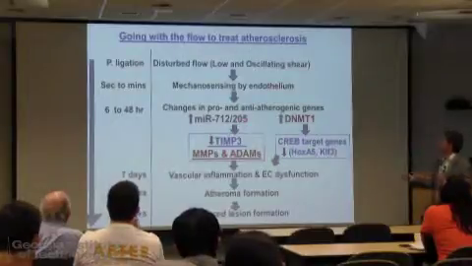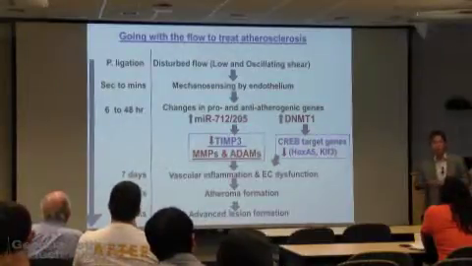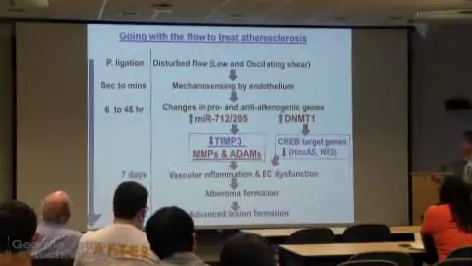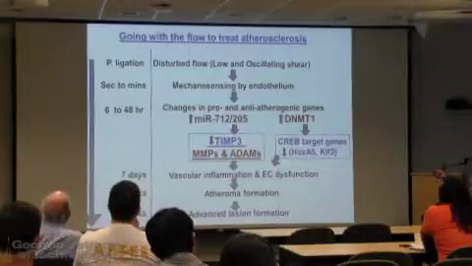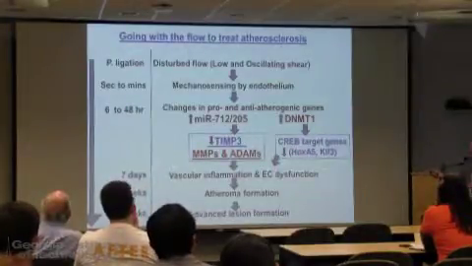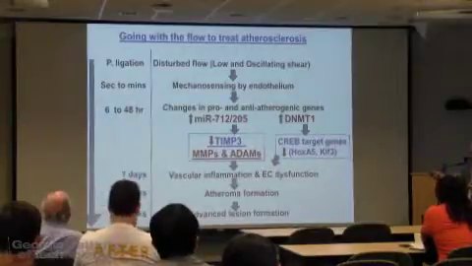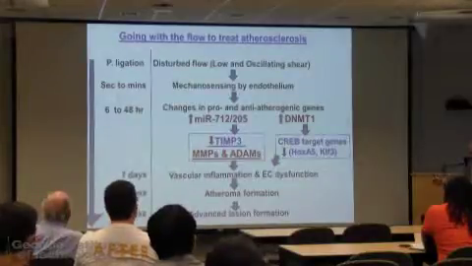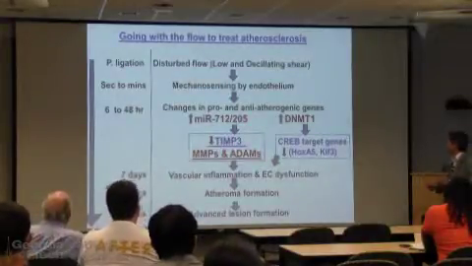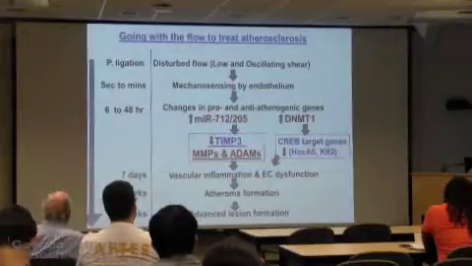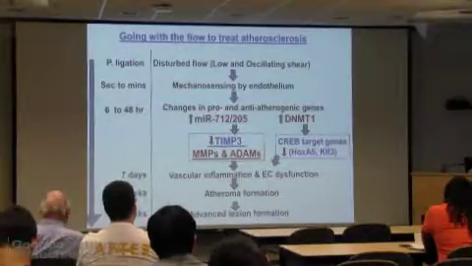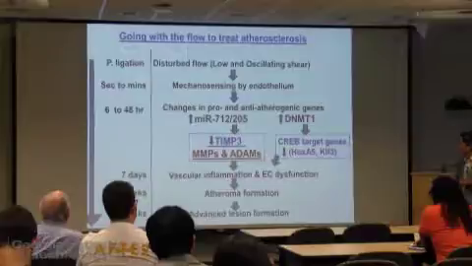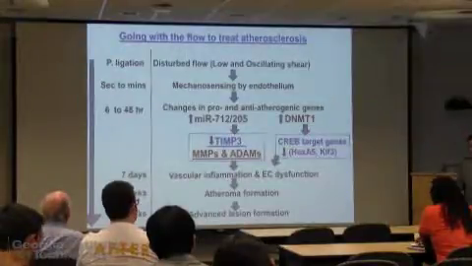So in summary, this is what we have done. We are going with the flow to understand atherosclerosis and to develop new anti-atherogenic therapies. We showed that partial carotid ligation induces flow disturbance, which is sensed by endothelial cells immediately, that leads to changes in pro- and anti-atherogenic genes, including Meo712 and DNA methyltransferase 1, that subsequently lead to changes in TIMP3 and MMP activities, as well as some target genes, leading to endothelial dysfunction, atherosclerosis formation, and advanced lesion formation.